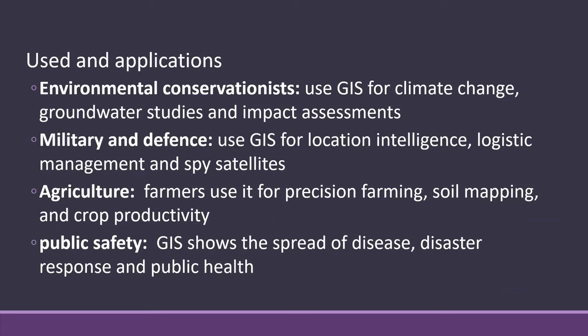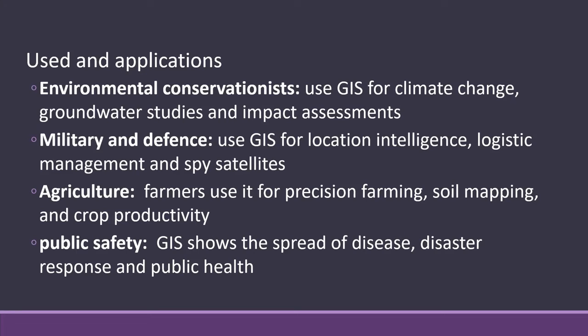The people who are concerned about the environment use GIS systems to gain knowledge on climatic changes, maybe for groundwater studies, and also to assess the impact after some kind of natural disaster.